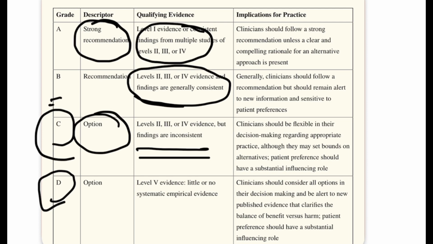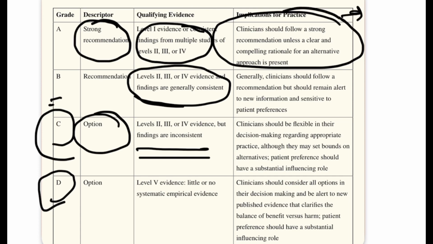So if you have a grade A recommendation, the clinician should change his practice based on this, until new information is available. Based on a grade B recommendation, you can change your practice, but you need to be aware that if anything new comes, you need to adapt accordingly. Now, grade C or grade D are not practice changing recommendations, they are weak recommendations.